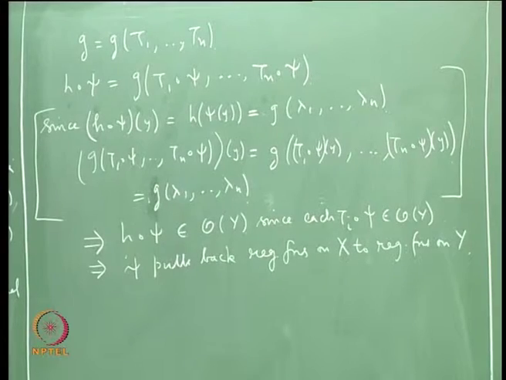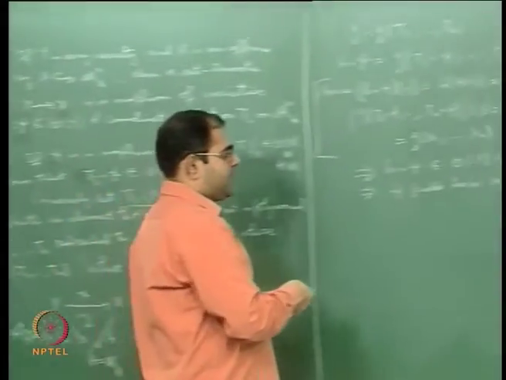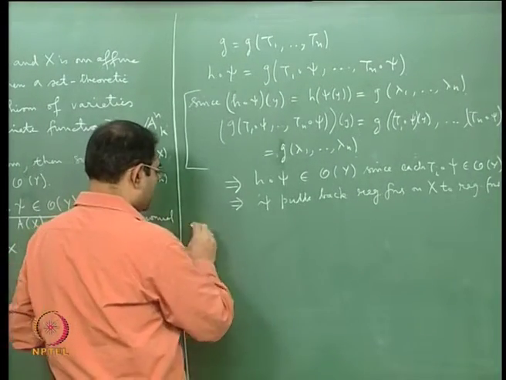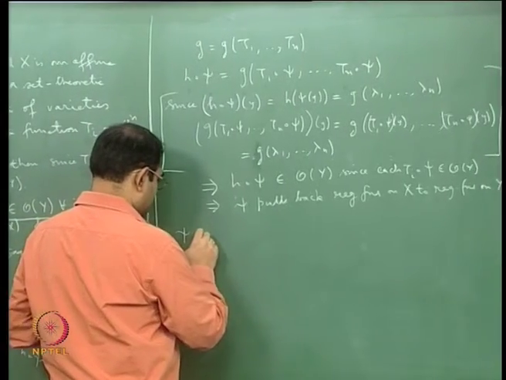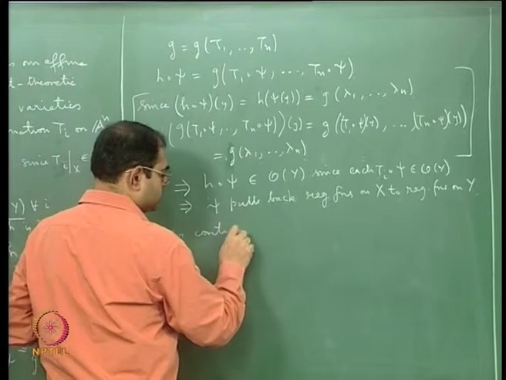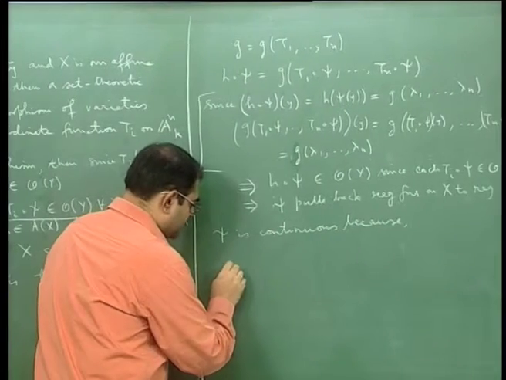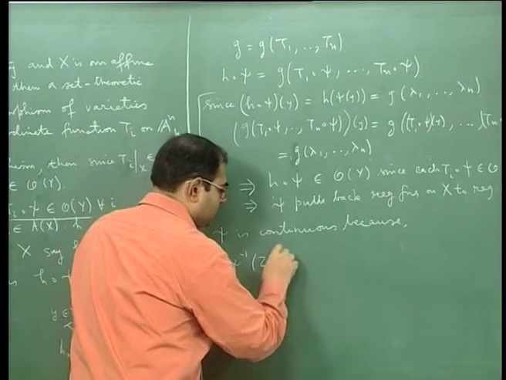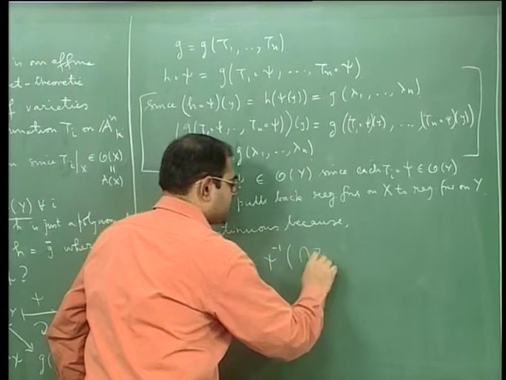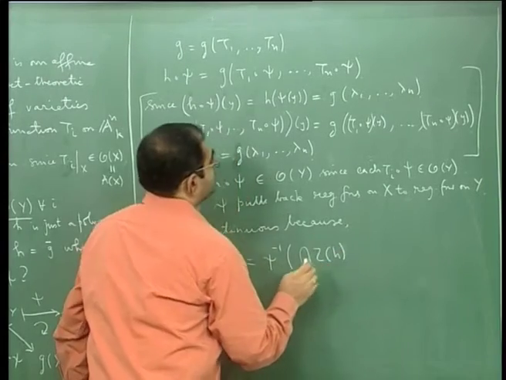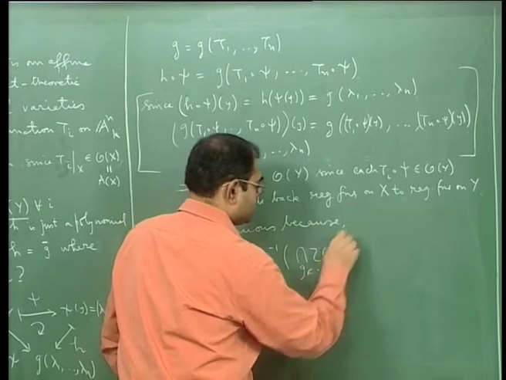The only other condition I have to check is the continuity of psi, which will follow as I gave in the earlier proof. So I only have to check psi is continuous, and that's because of the following: psi inverse of z of j is psi inverse of the intersection of z of g, g belongs to j.